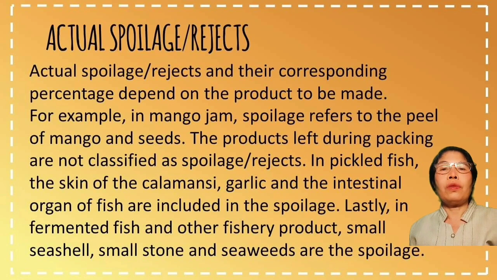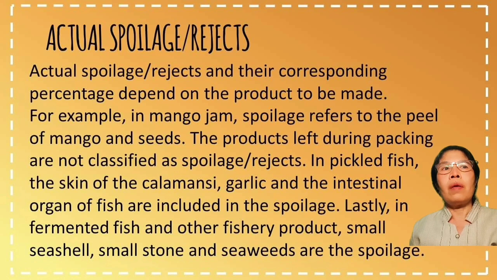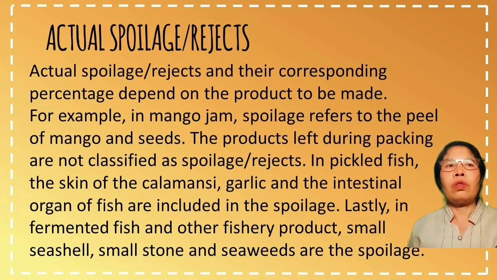Sa fish production, may itong tayong tinatawag na actual spoilage and rejects. Na ibig sabihin nito, ito yung mga nababawas doon sa mga nabili nating ingredients na nakaka-apekto doon sa fish production natin or doon sa finished products.